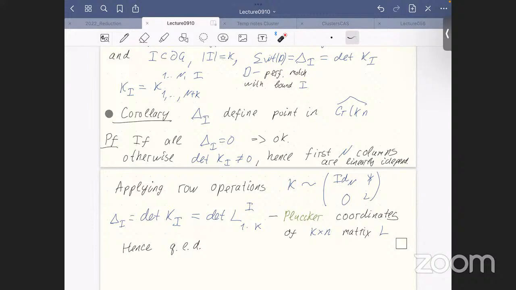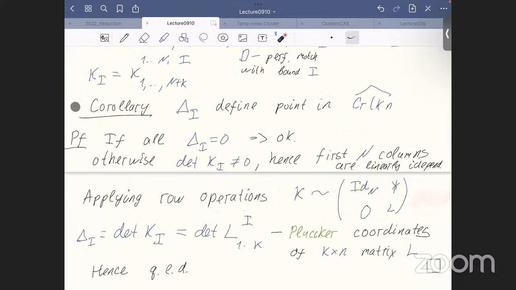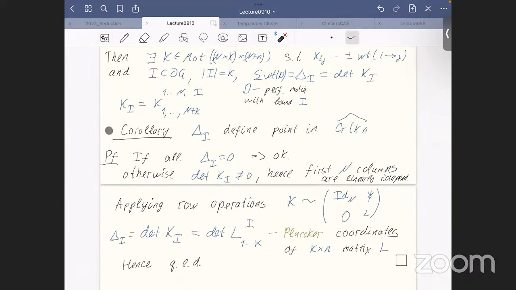I mean that our independency lives in first n columns. First n columns are linearly independent. Why? Because there is a choice of the K additional columns such that the resulting matrix of the type n plus K times n plus K is non-degenerate. Its determinant is not 0. In particular, it means that first n columns and some k additional columns from here form a basis in n plus k dimensional subspace. In particular, first n columns are linearly independent.